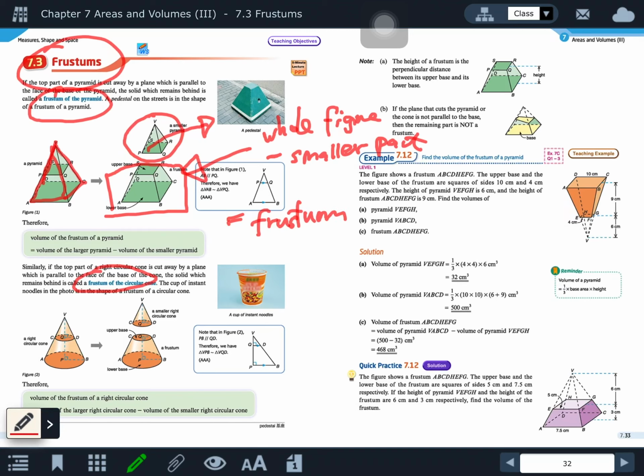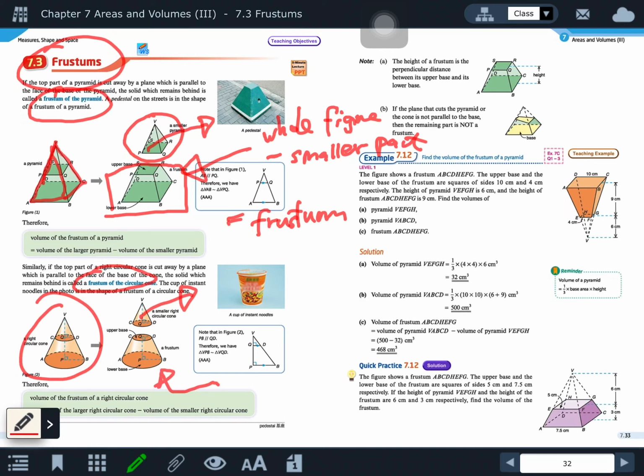Whether this is a pyramid or a cone, we just need to do the same step: we calculate the whole cone minus the smaller cone which is removed, then we have the remaining part.